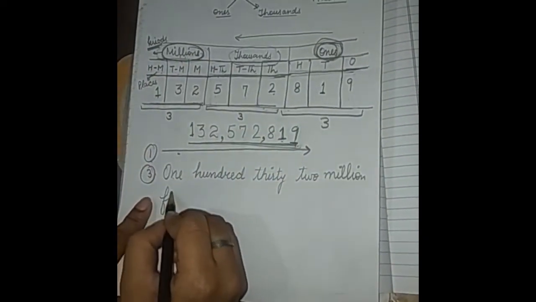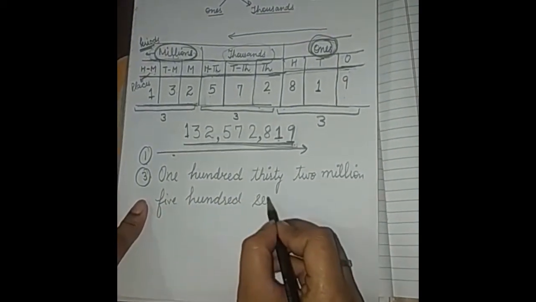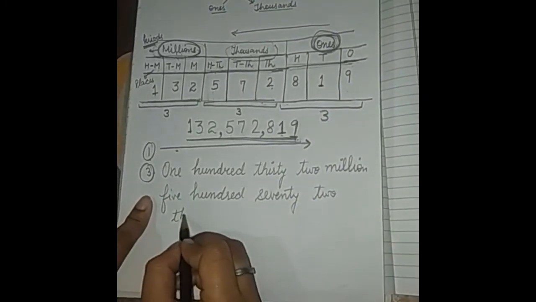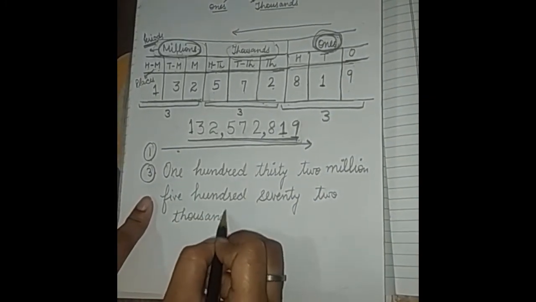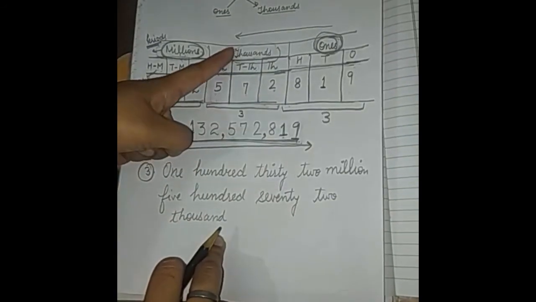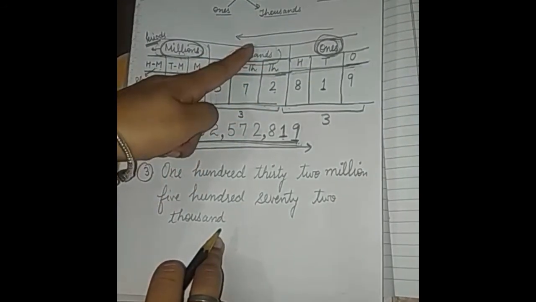Children, I am reading the complete number, then I am writing the period. This would be 572,000.